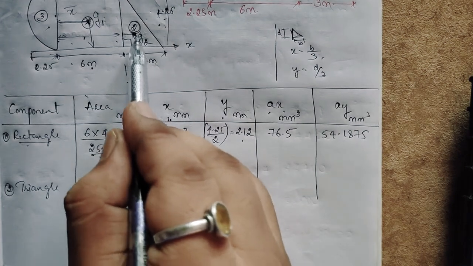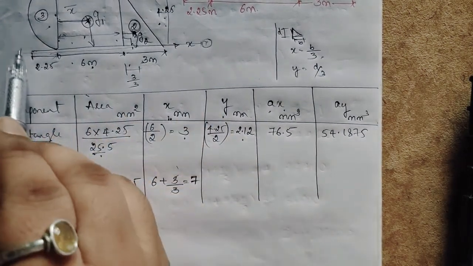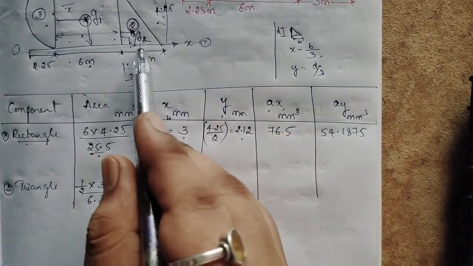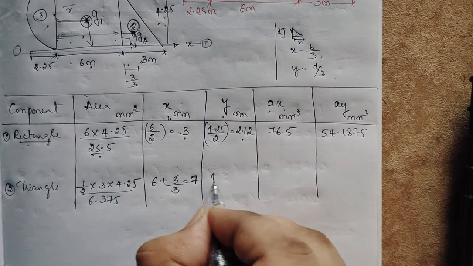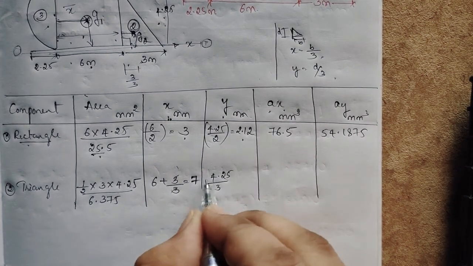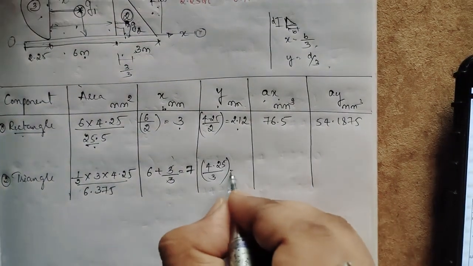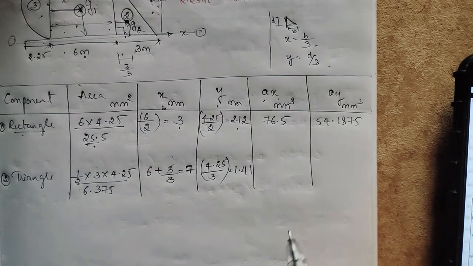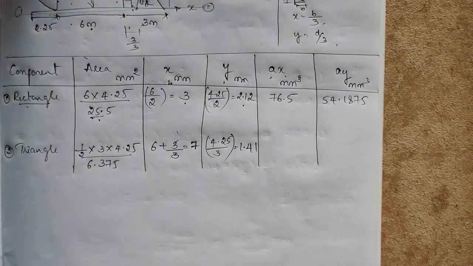So now I have to find y. So y is directly, because we have taken the centroidal axis as reference as this only. So what is that? d by 3. So what is d? 4.25 divided by 3. So this is 1.41. Okay, now what we have to do? We have to multiply.